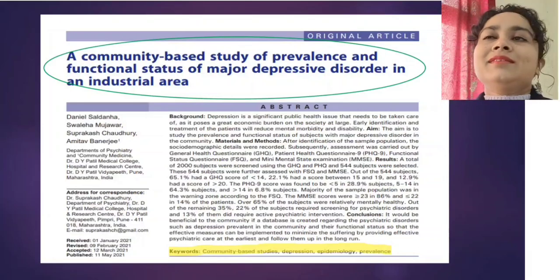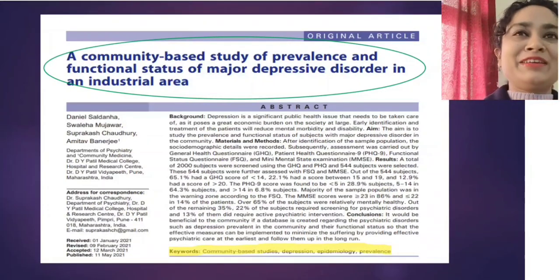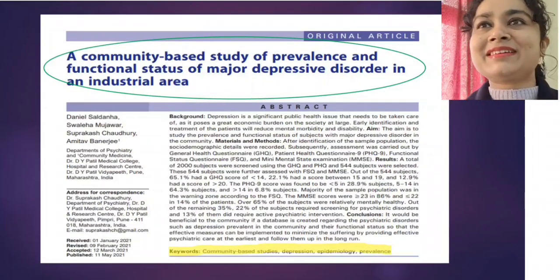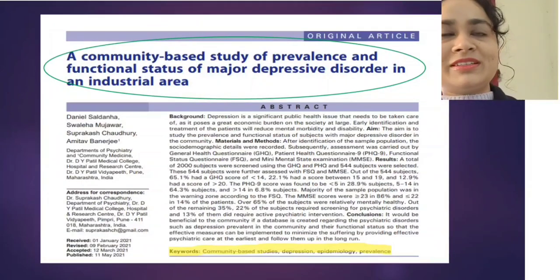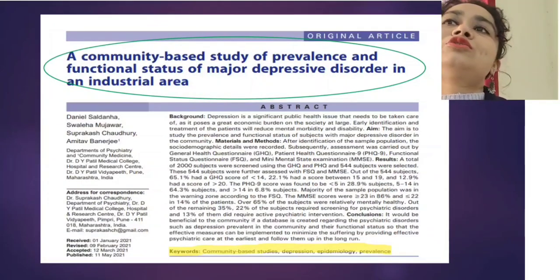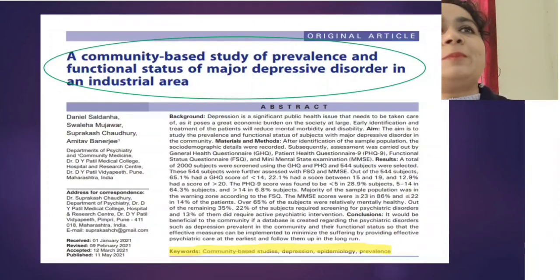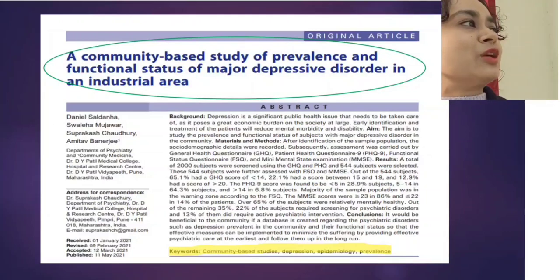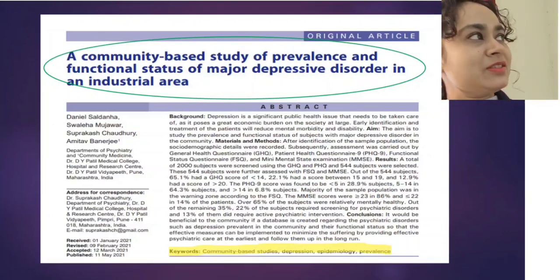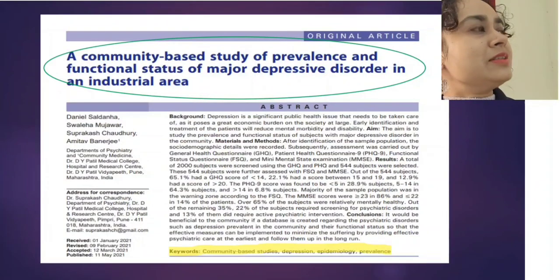And now, don't just put any keywords so that your research increases. Make keywords which are valid to the research, but will also help your research come up, especially in searches. So in this, the keywords were community-based study, depression, epidemiology, prevalence, because that was what was studied here.